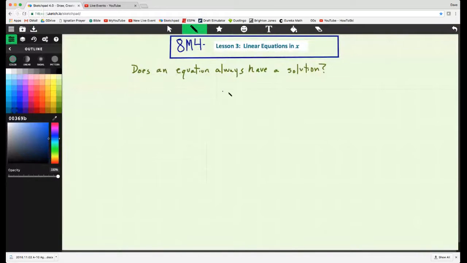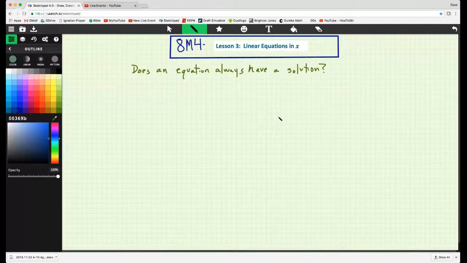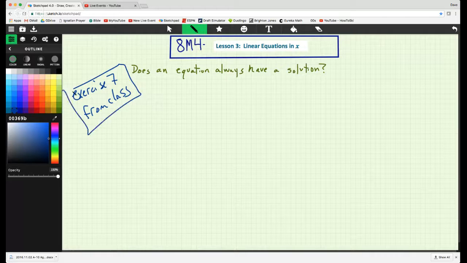Okay, does an equation always have a solution? This is exercise 7 from class today. Does an equation always have a solution?